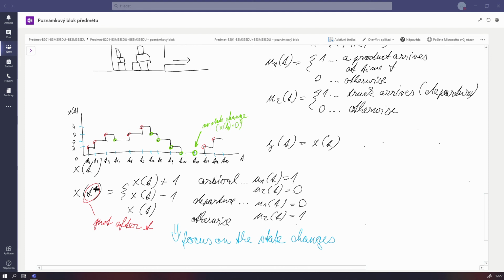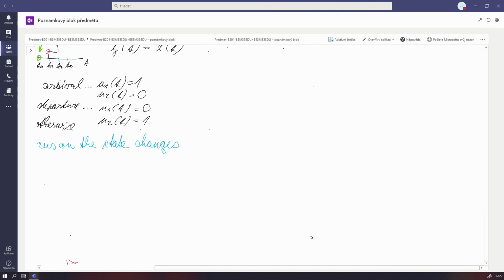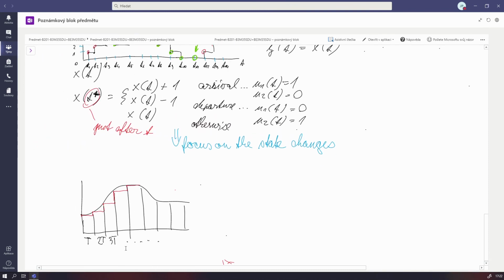So, the discrete event system is a discrete state, event-driven system, and its state evolution depends on the occurrence of the events over time.